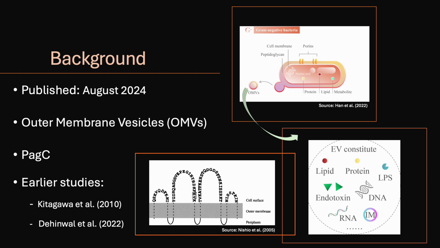A model of the topology of PagC in the outer membrane is shown on the bottom left figure. You can see the 4 extracellular loops and their sequences. However, the molecular mechanisms of PagC on outer membrane vesicle production were not completely understood, so that's what this study aimed to find.